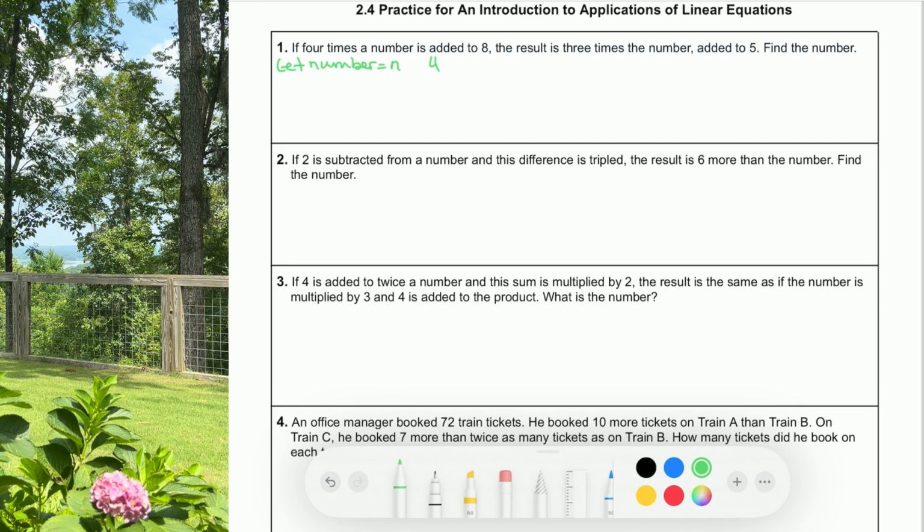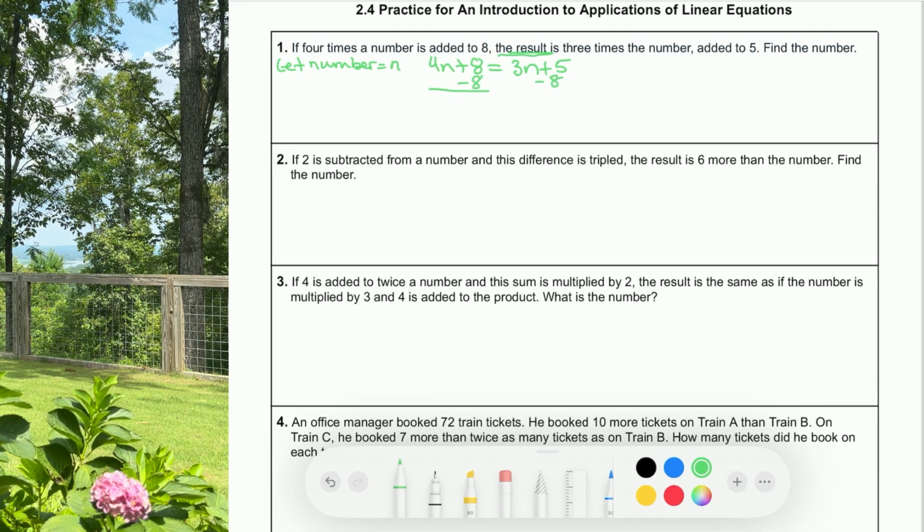So if 4 times a number, so 4n, is added to 8, the result is, and that's where we put our equal sign, 3 times the number, so 3n, added to 5, plus 5. Now it says find the number.